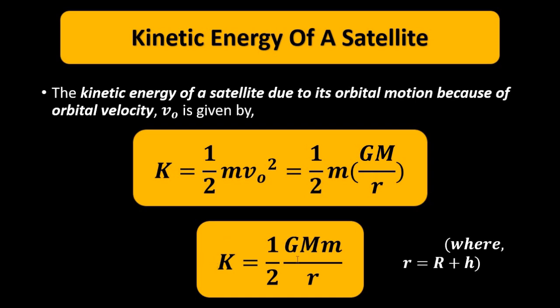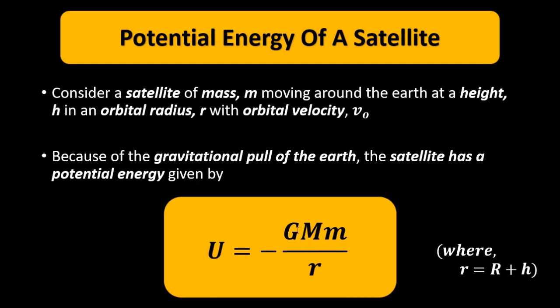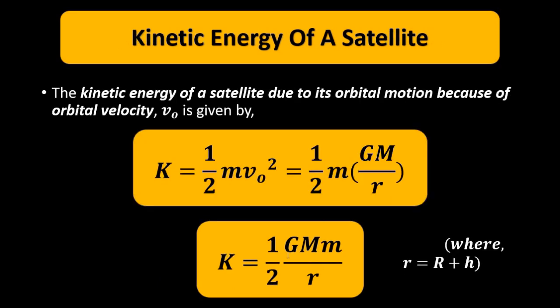So it will be equal to capital G capital M small m by 2r. This is the kinetic energy, where small r is equal to capital R plus small h, the total separation distance. So we have the potential energy, minus capital G capital M small m by small r, and the kinetic energy, capital G capital M small m by 2r.